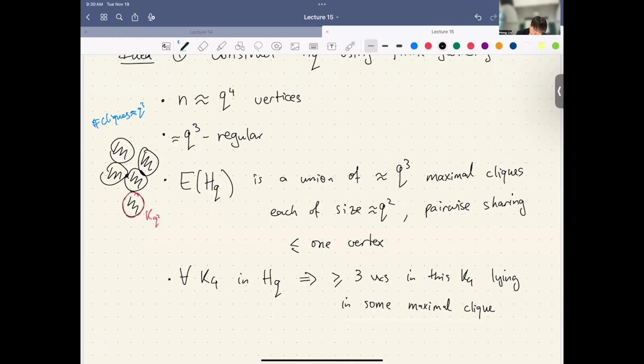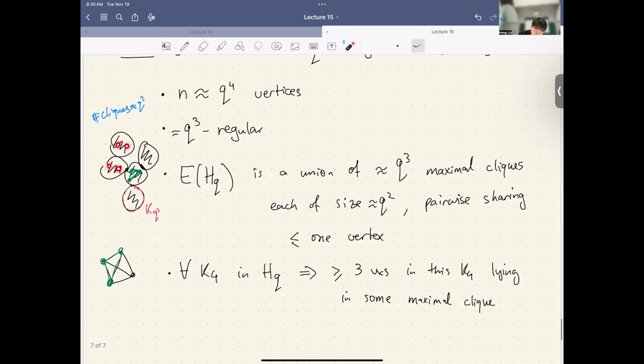Let's say you have this K4, you can find 3 vertices that lie in one of these cliques. It's impossible to have 2 vertices in one maximal clique and 2 from another. You cannot have a K4 that looks like this. That's what it means. All right, so far so good.